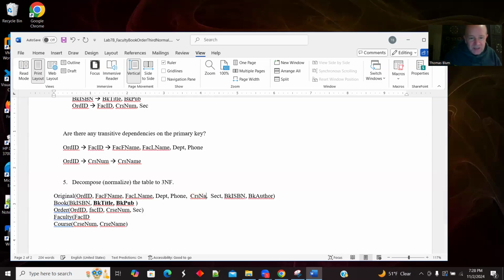So we can get rid of the course name. The faculty ID was giving us the faculty name, first name, last name, department, and phone. So that's out of there. And we have order ID telling us section, so that's sort of been handled.